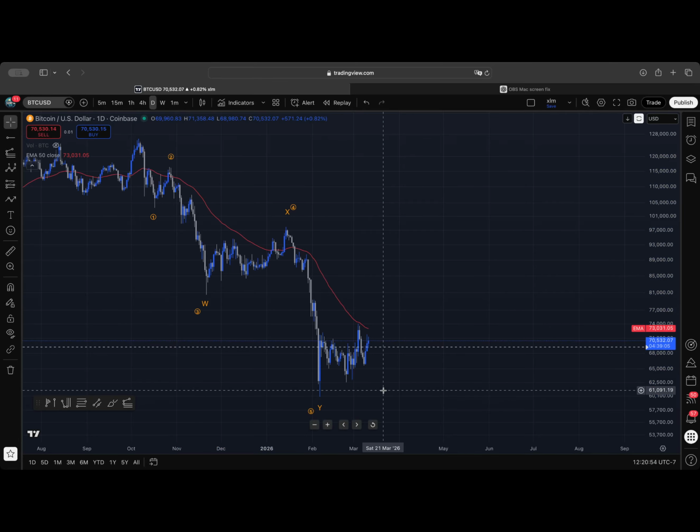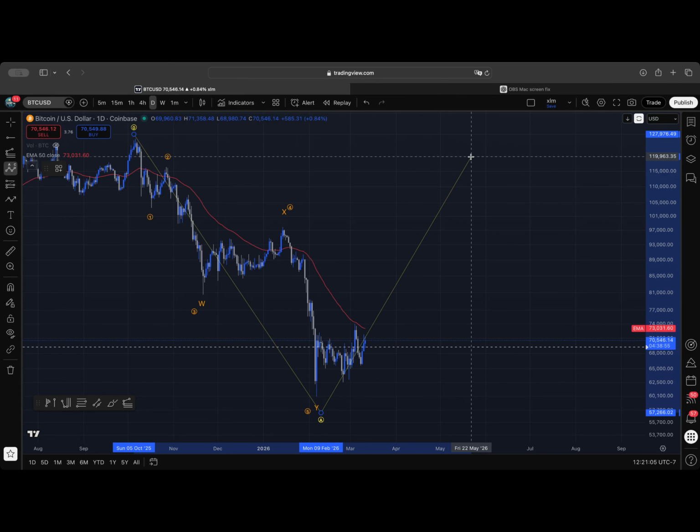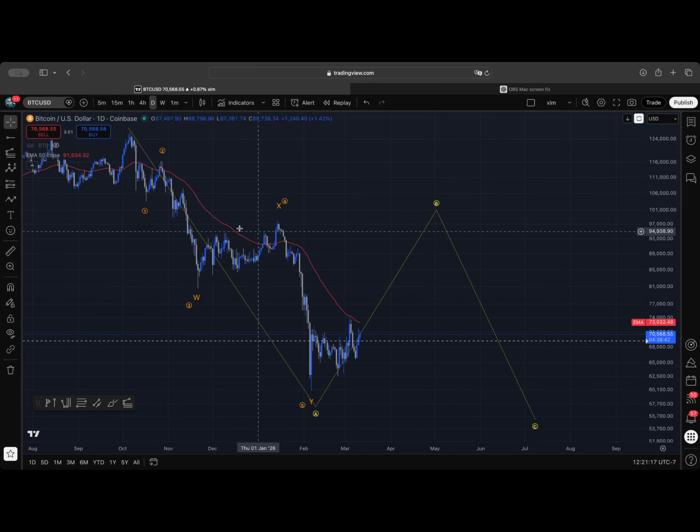Maybe your 5 was in and it's over. And somehow, some way that was an A, right? This is always a potential possibility. But if it was an A, that's a 3 waver, we still look for the 90% in B. But if it's an A in 5 wave construction, then we only look for that regular old golden pocket retracement before we make another scary leg to the downside.